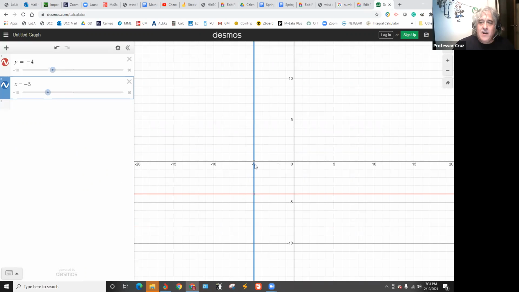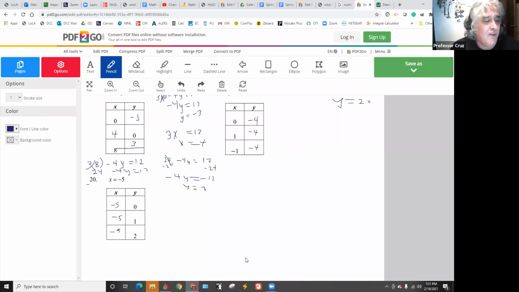See, there's -5 right there. No matter what y is, x is always equal to -5. So that's why I just filled in -5 along there, because x is always equal to -5.